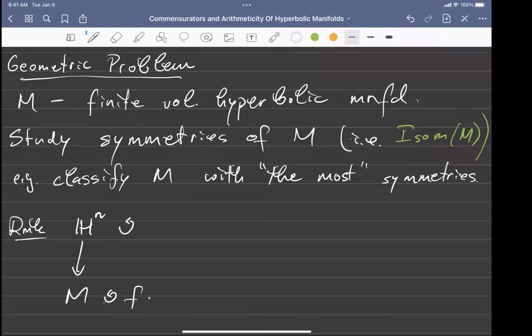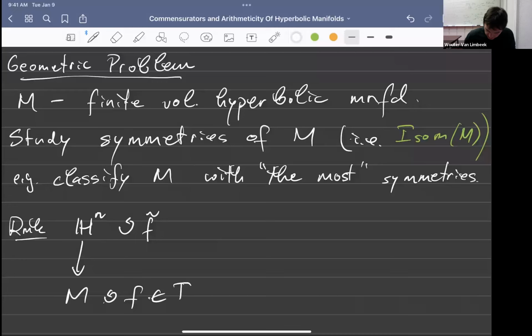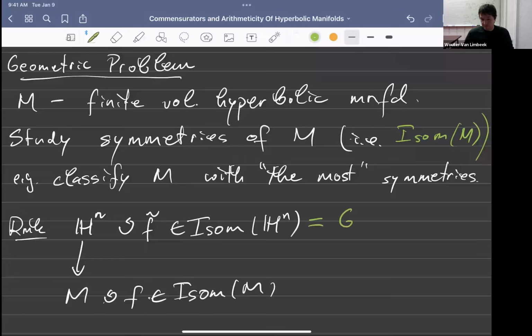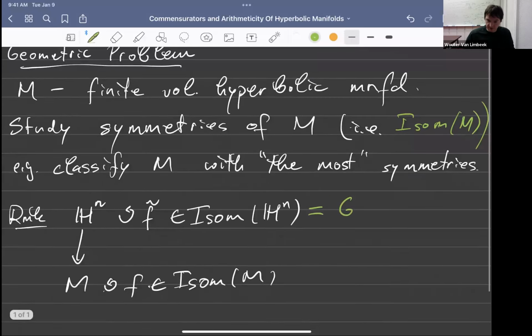Yeah. Okay, thanks. So I lift F to the universal cover, and I get some isometry over there. So if F is an isometry of M, then this lift is in the isometry group of the universal cover. And just to make things a bit easier to write, I will write G for isometries of hyperbolic space.